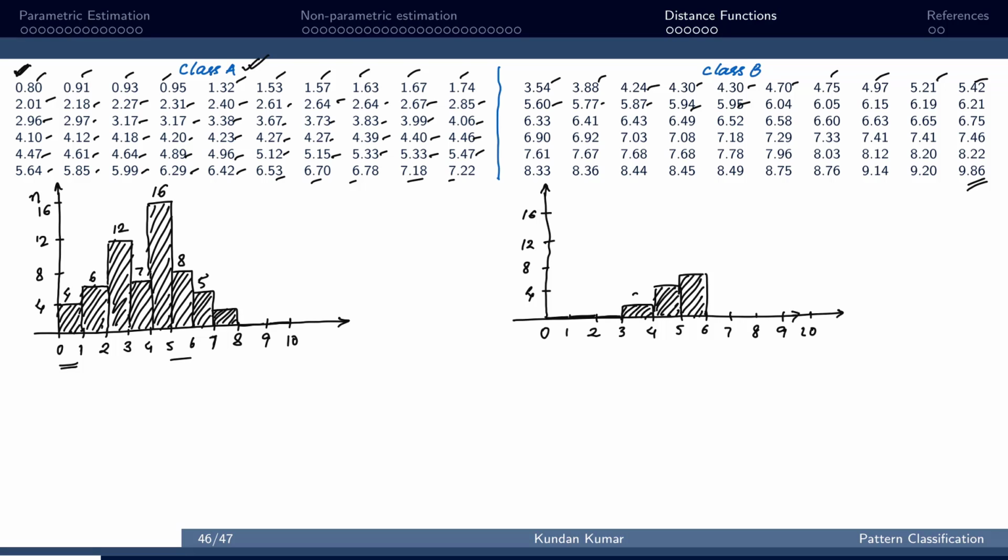So this is 6 and 7. Between 6 and 7: 1 through 17, so it will be 17.